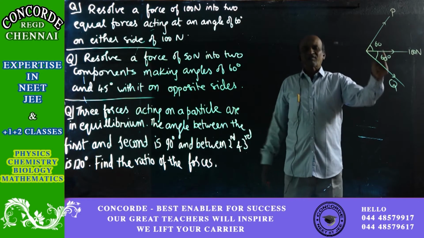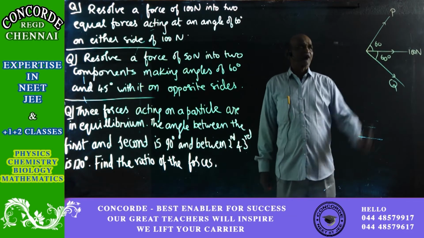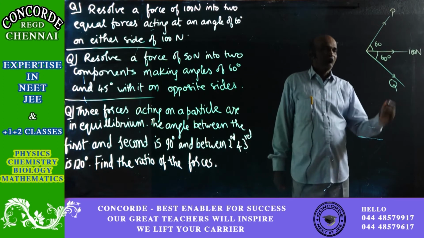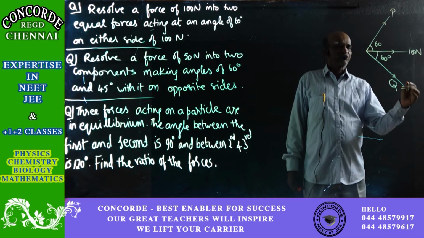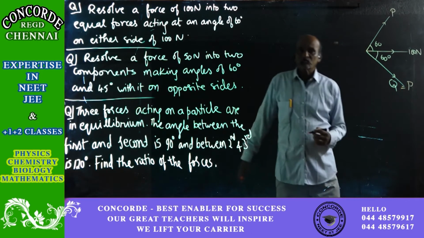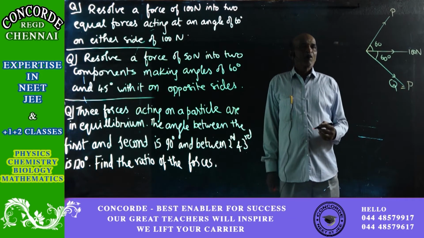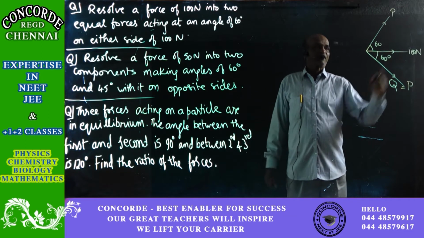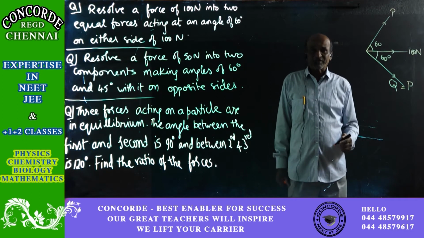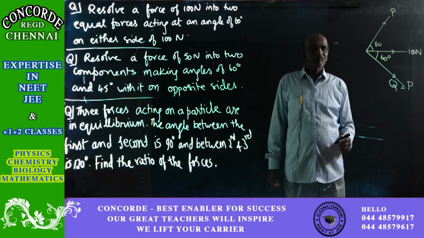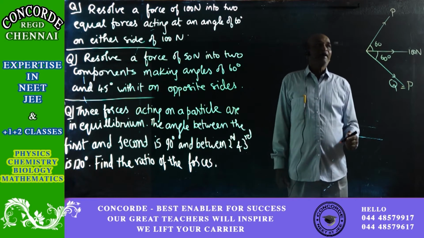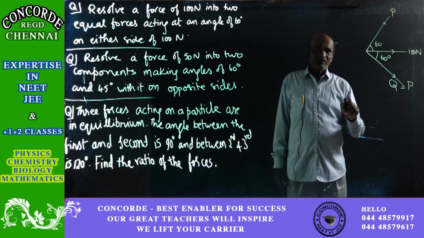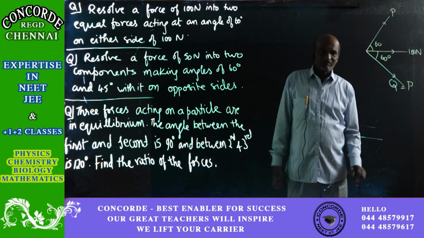Because both angles are equal, it goes without saying that both the forces also have got to be equal. So this Q will be equal to P. And when both the forces are P, then we know, from the derivation we have already studied, that 2P cos of alpha by 2 is equal to the resultant.